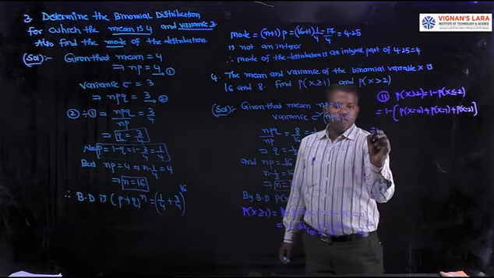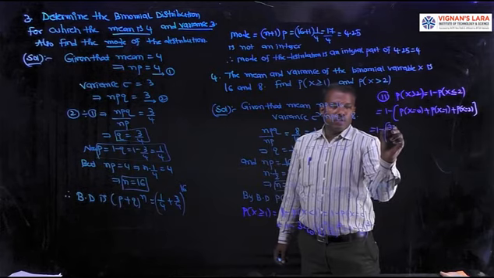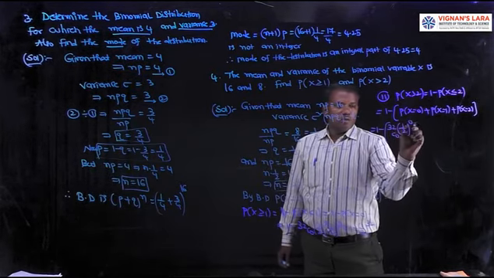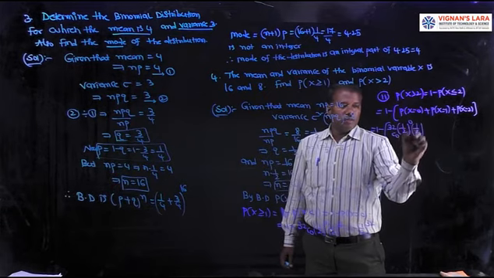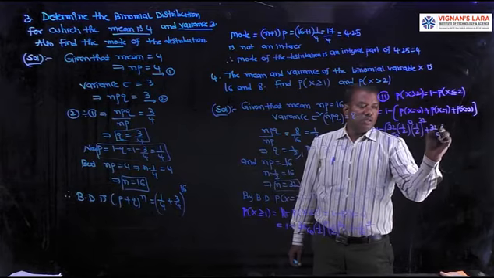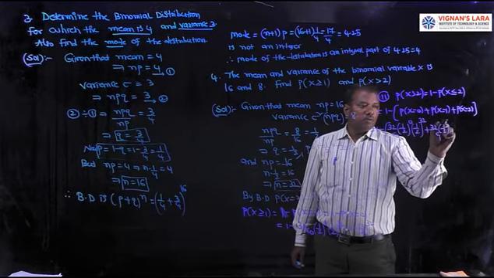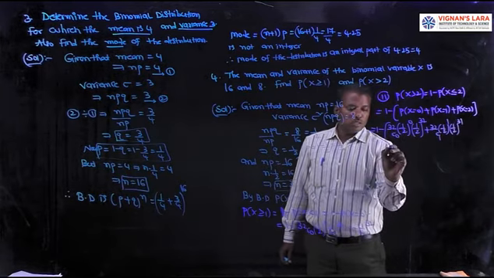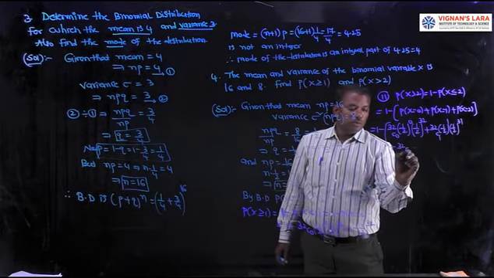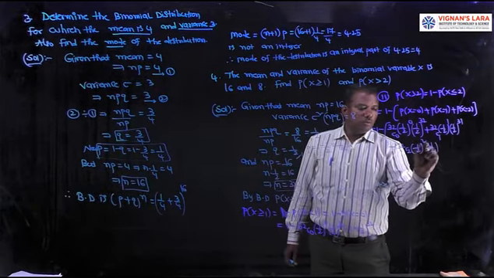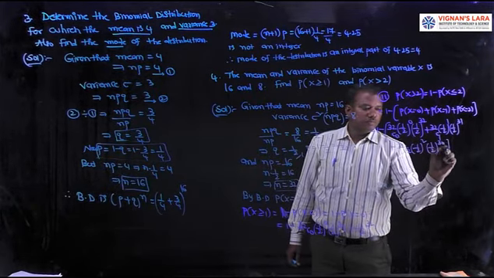That equals 1 minus 32C0 (1 by 2) whole power 0 into (1 by 2) whole power 32 plus 32C1 (1 by 2) whole power 1 into (1 by 2) whole power 31 plus 32C2 (1 by 2) whole square into (1 by 2) whole power 30.